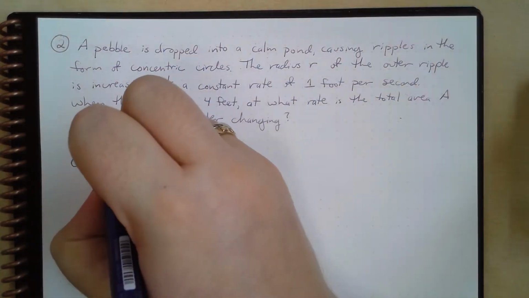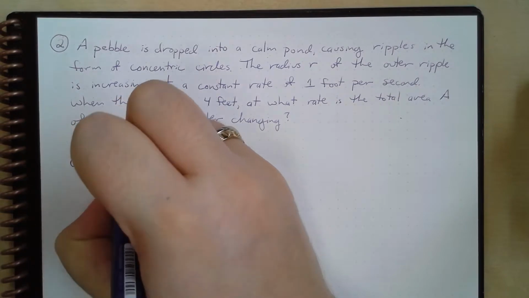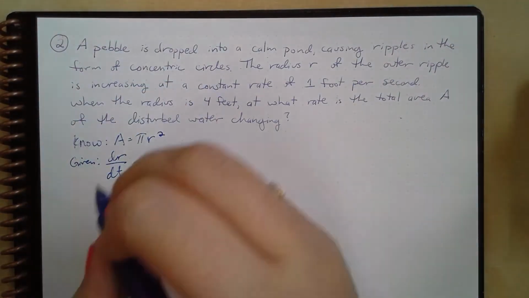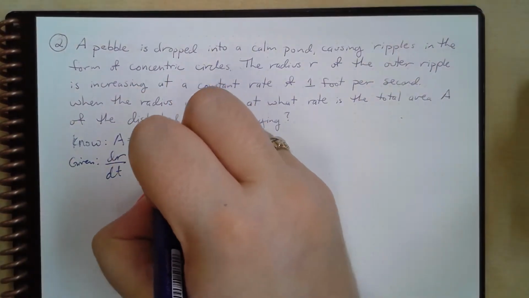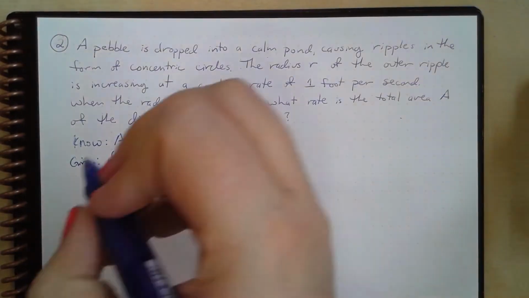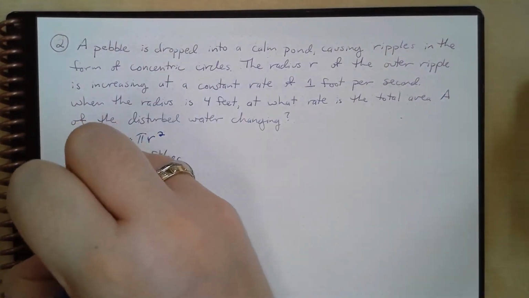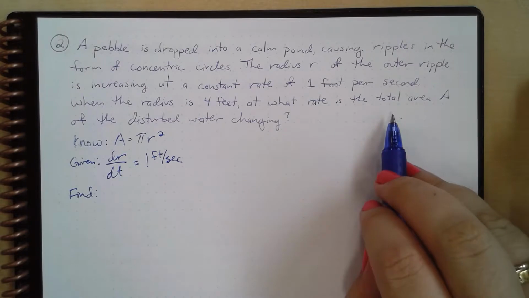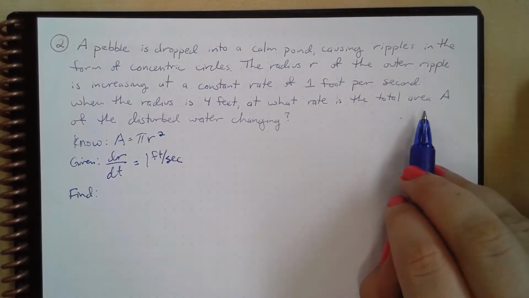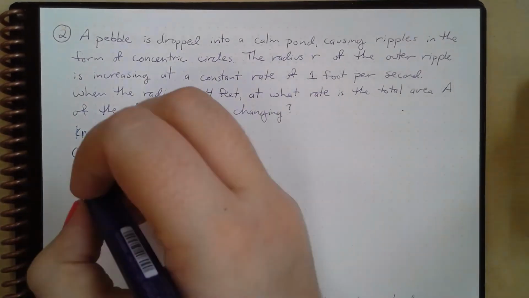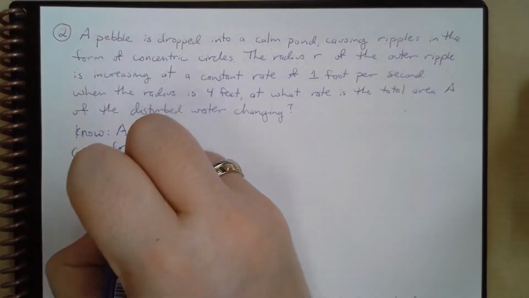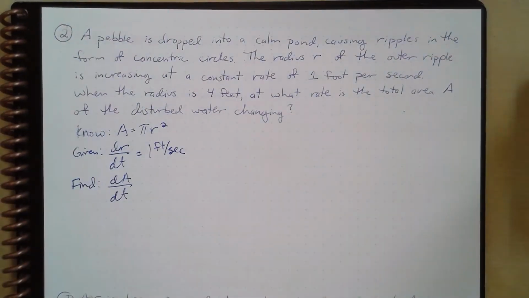So dr over dt, the change of the radius with respect to time, is equal to 1 foot per second. And we want to find the rate at which the total area of the water is changing. So we're asked to find dA over dt, right?